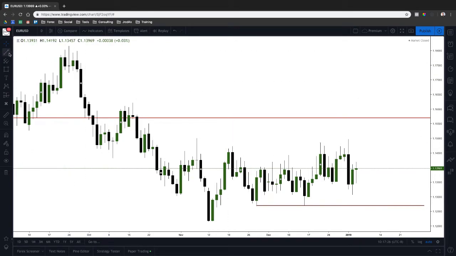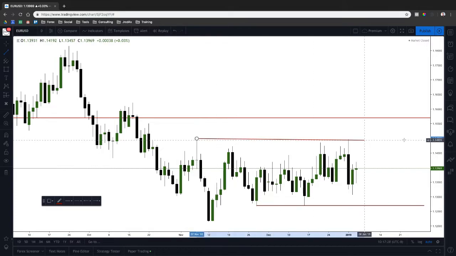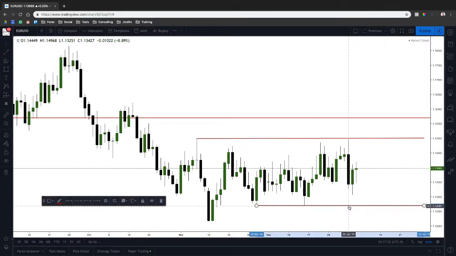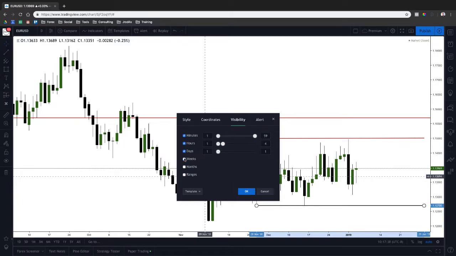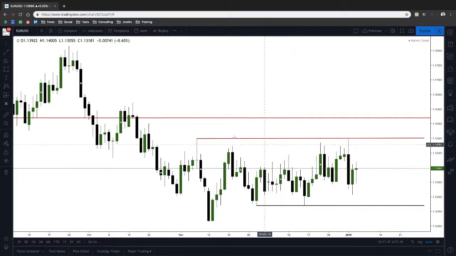Okay, so we got some equal highs here that we want to mark out. And I do want to go ahead and make this black. And under visibility, make sure to turn off weeks and months so that it only shows on the daily, 4 hour, 1 hour, 15 and 5-minute time frames.